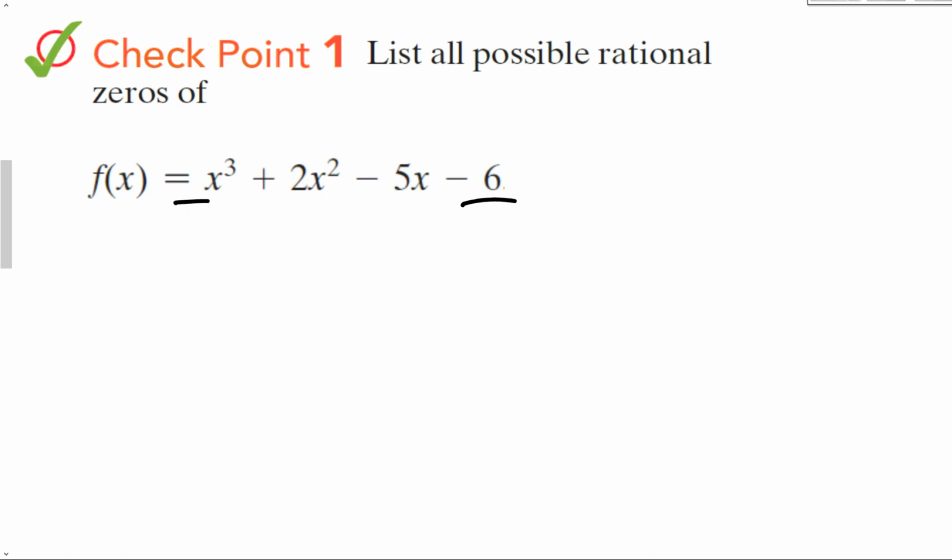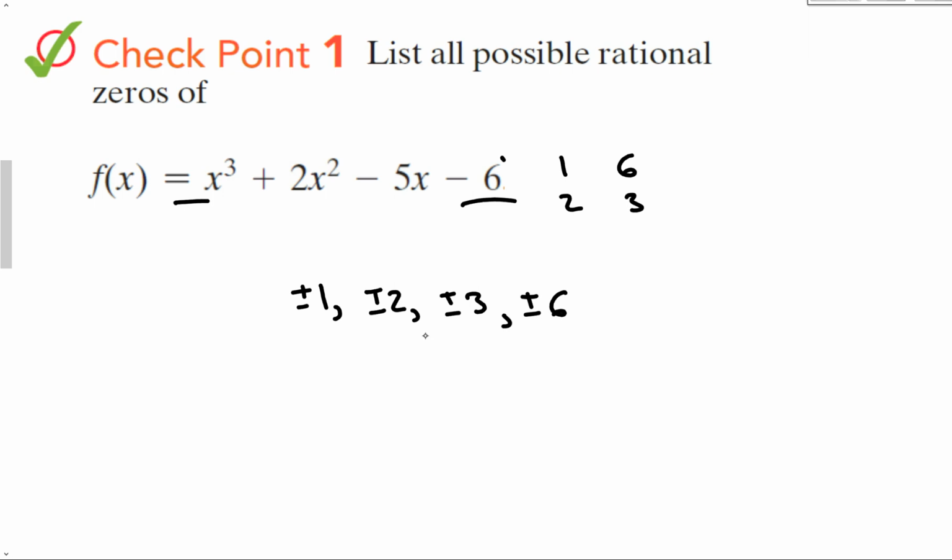Okay, so basically, because there's a 1 in the front here, this becomes pretty easy, and I just look at all the possible rational zeros of 6. Well, all the factors of 6 are 1 and 6, 2 and 3. So my possible rational zeros become plus or minus 1, plus or minus 2, plus or minus 3, and plus or minus 6.